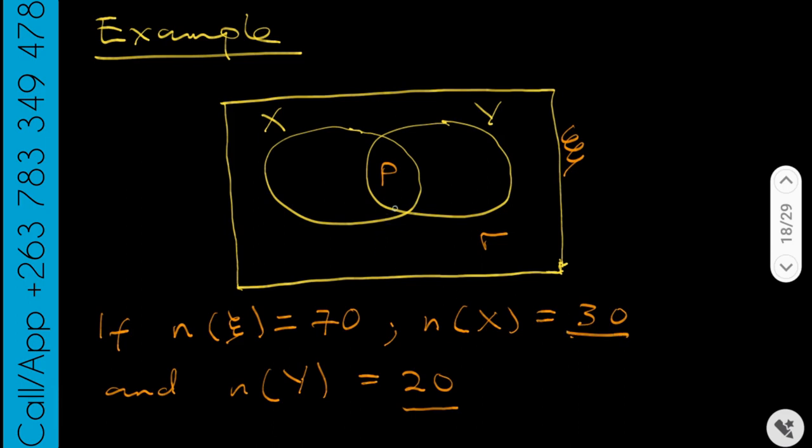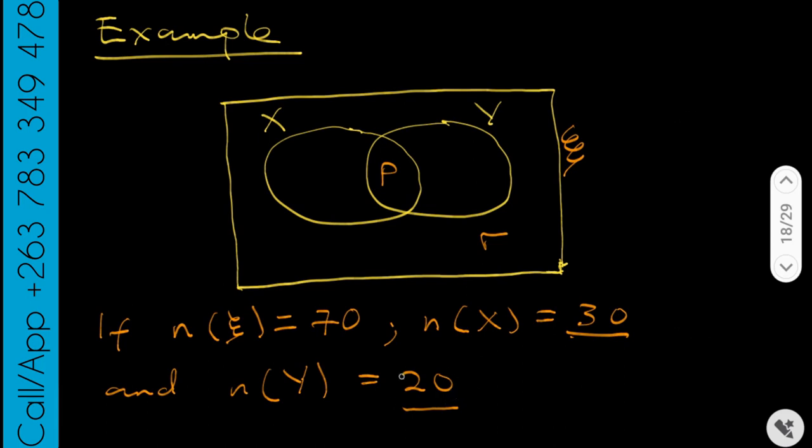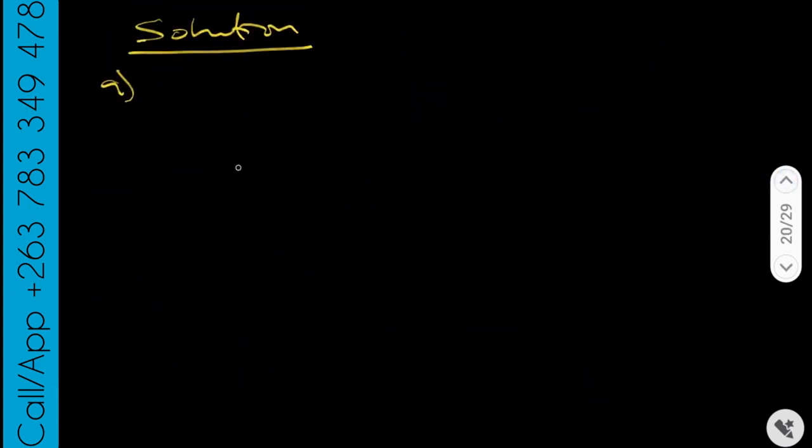So if P is going to be a number that fits inside both set X and set Y, it must satisfy both constraints. It must be not more than 30. At the same time, it must not be more than 20. Since 20 is a smaller number, the maximum value P can be is 20.